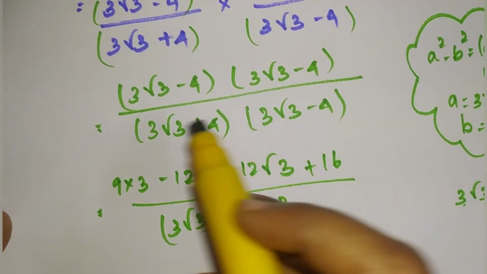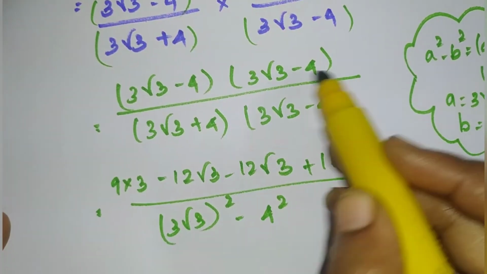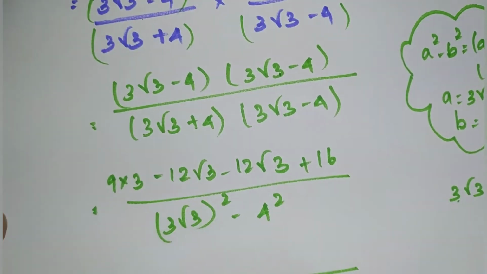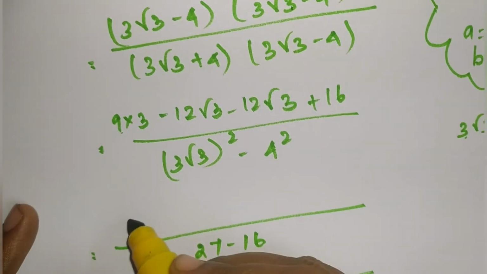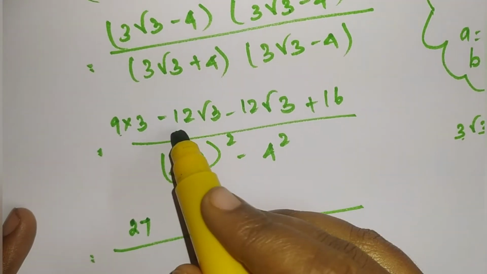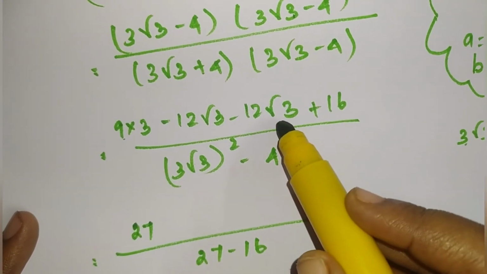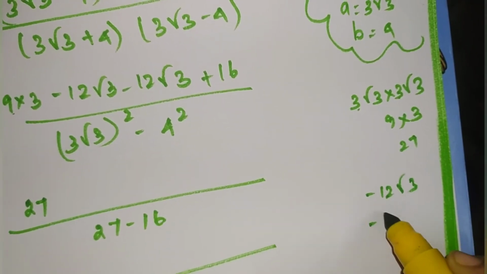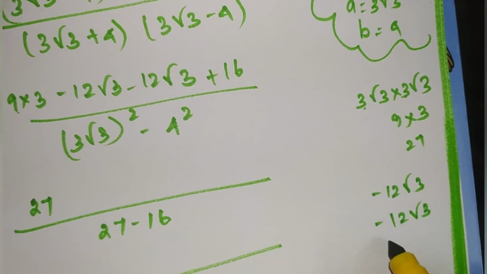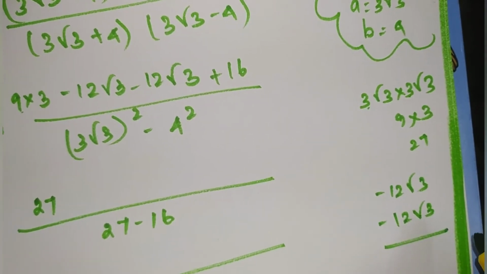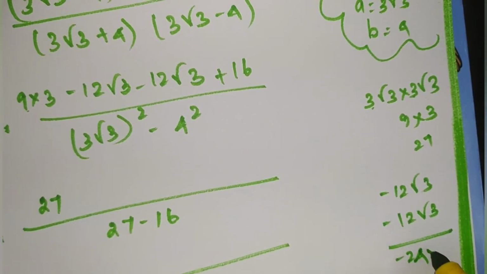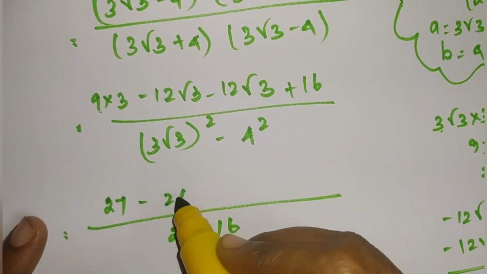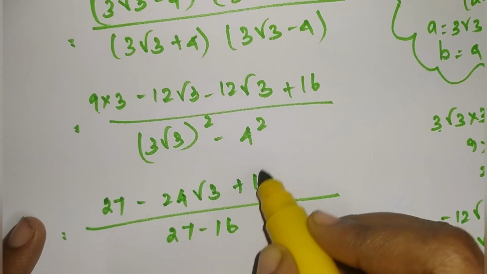Now 9 3s are 27, minus 12 root 3 and minus 12 root 3. What will you get? Minus 24 root 3, plus 16.